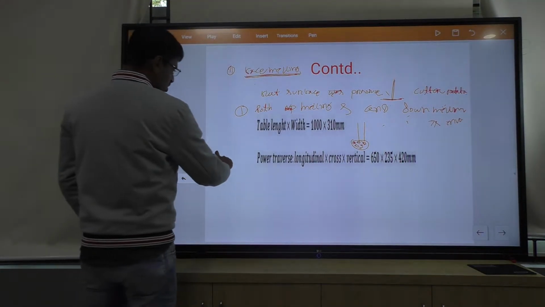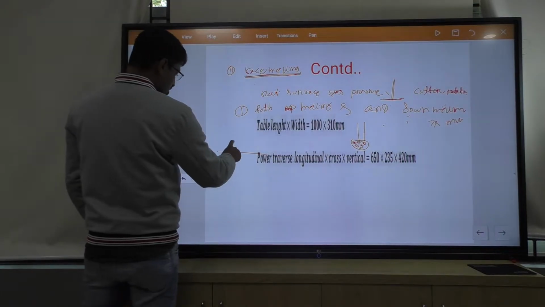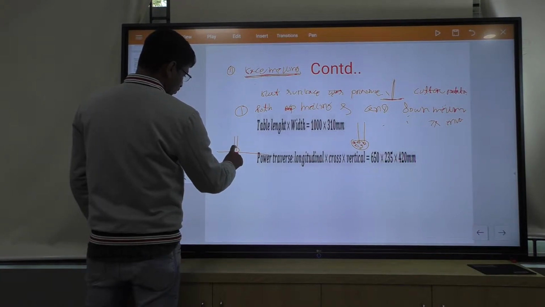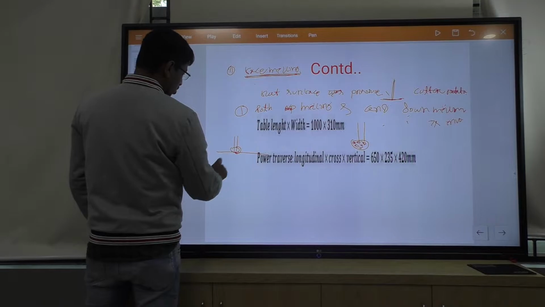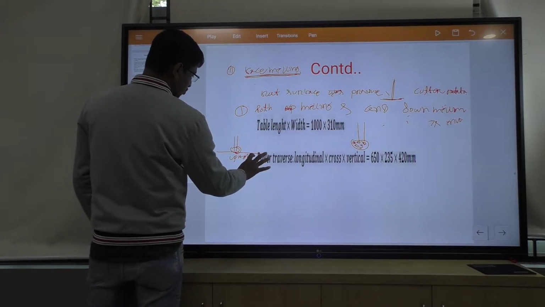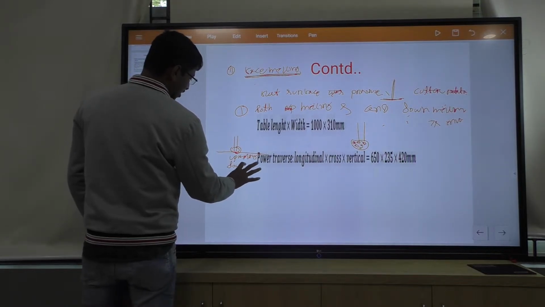If we machine a surface using a face milling cutter, what happens? With rotation, for half a circle there is up milling, and for the other half circle there is down milling.